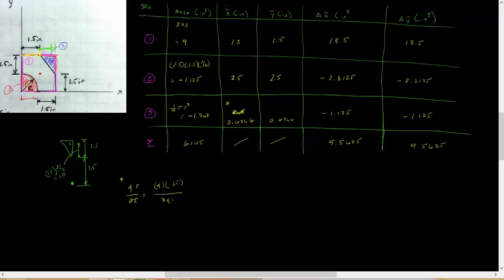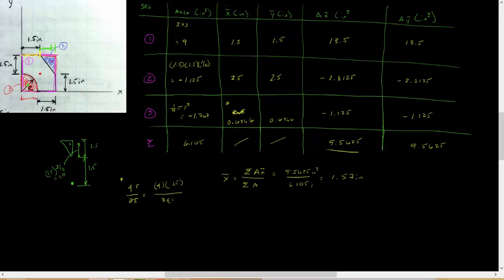So x bar is the summation of A x bar, which is this number right here, 9.5625, over the summation of my area, 6.105, which is going to come out to be 1.57 inches, because this is inches cubed.